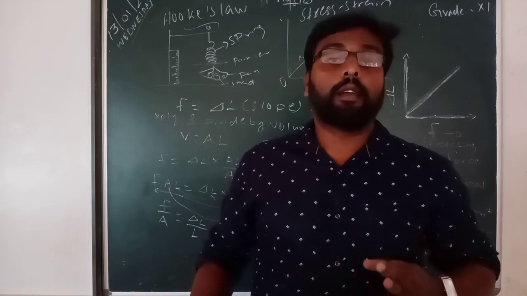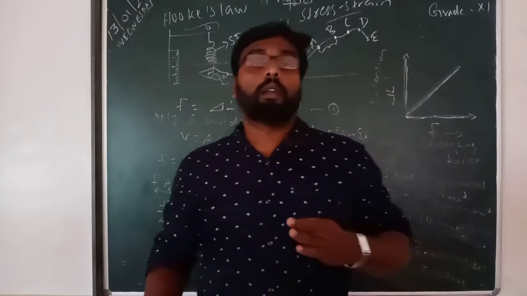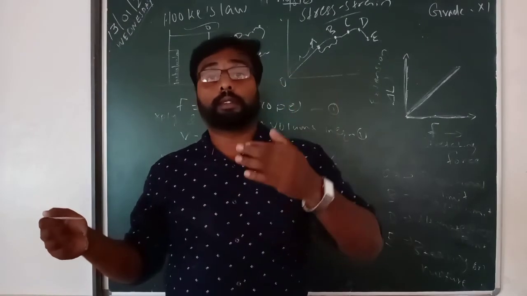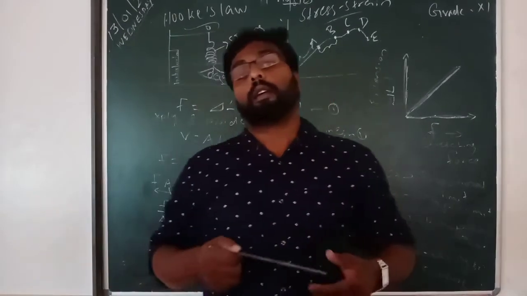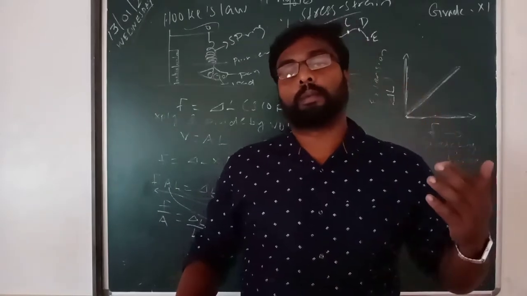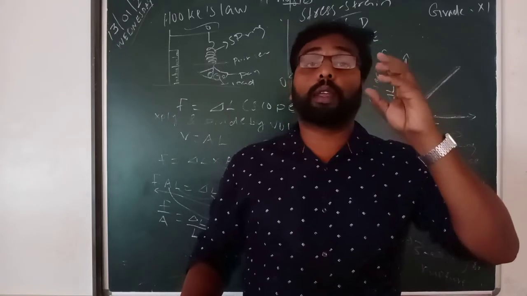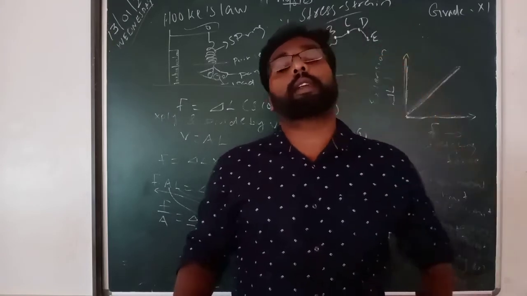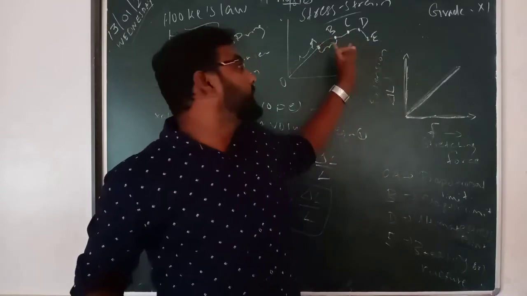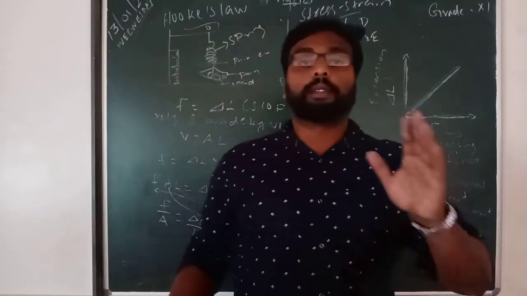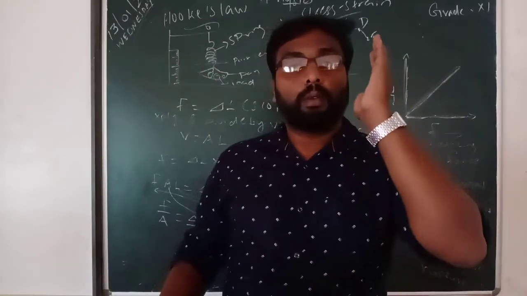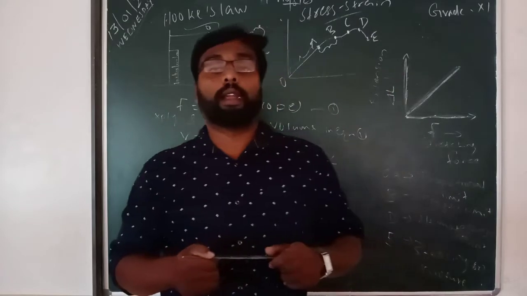Maybe the force will increase, this stress is increasing, so it is not proportional. When stress and strain both change equally, only then can we tell that they are directly proportional. Here stress keeps changing. So beyond this point A, Hooke's law is not valid.